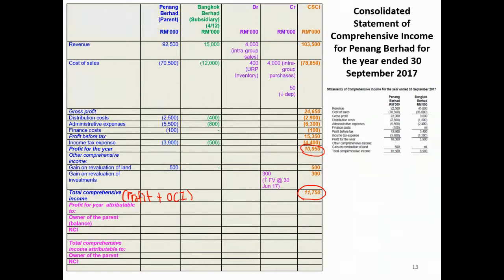Okay, next, what must we do, students? After we have added line by line, and after we have gotten the figure, profit for the year for the group, and also we have calculated the total comprehensive income for the group, do we stop here or do we have to do extra work for consolidated P&L?